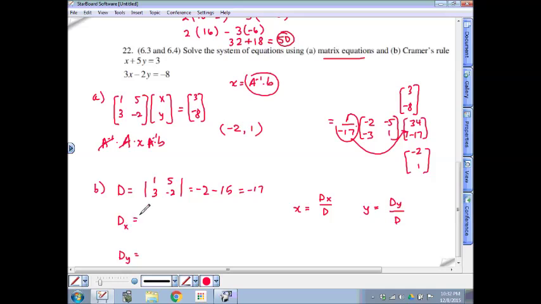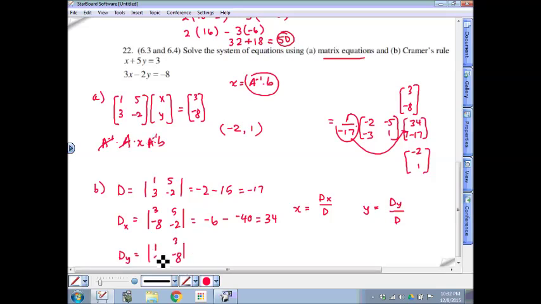The d sub x, the subscript says that this x column is going to be replaced. So instead of a 1 and a 3 in the x column, you take these values here, 3 and -8, and place those in the x column, and find the determinant. So it's 3 times -2, it's -6, minus this other product of -40. That results in 34. Here the d sub y determinant, the subscript y, means that the y column now gets replaced with the 3 and the -8.